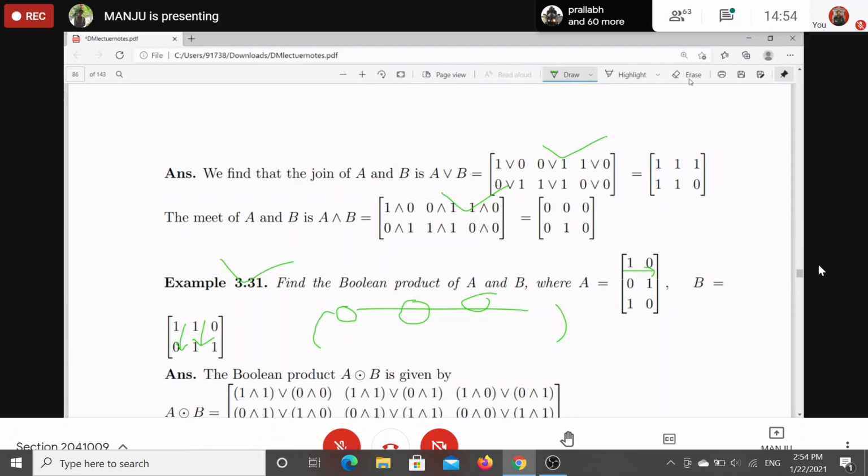In the normal product, we multiply first with first, A11 with B11. Here it will be taking conjunction. Then disjunction with 0 and 0, so the disjunction of 0 conjunction with 0. Then for first row, second column, it will be the same thing again.